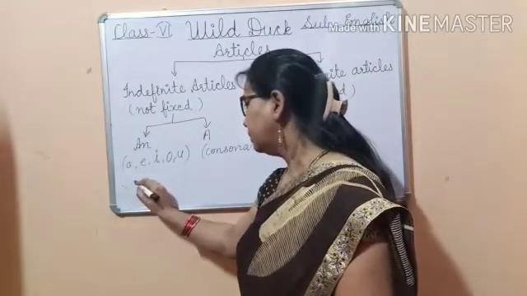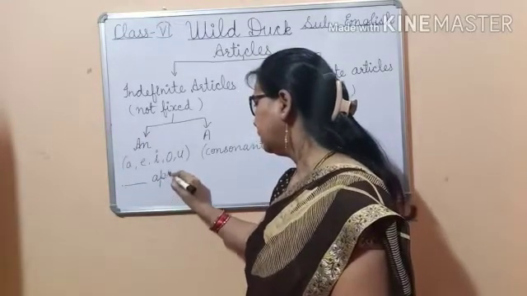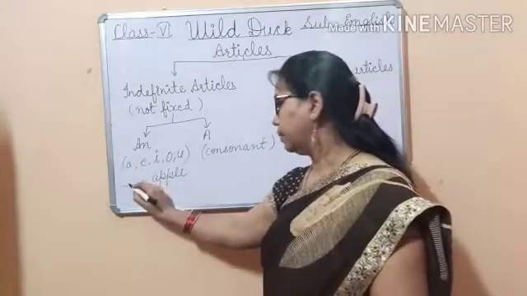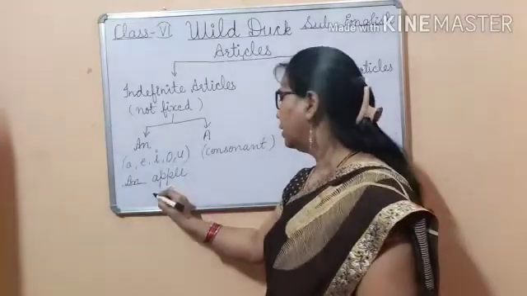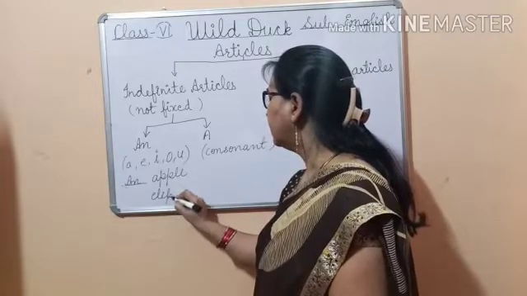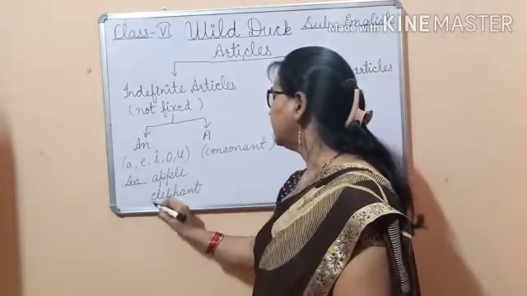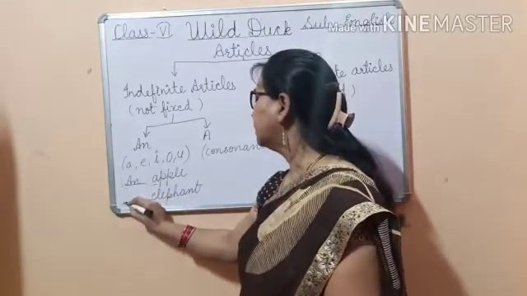For example, apple: we use here an apple. E, elephant: its first letter is a vowel, so we will use here an.